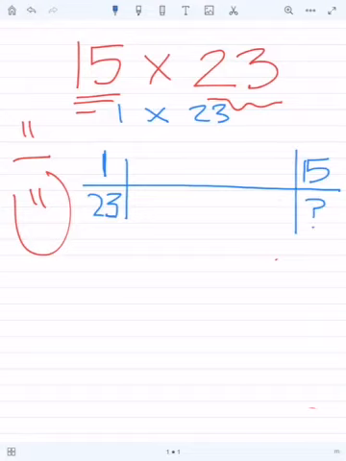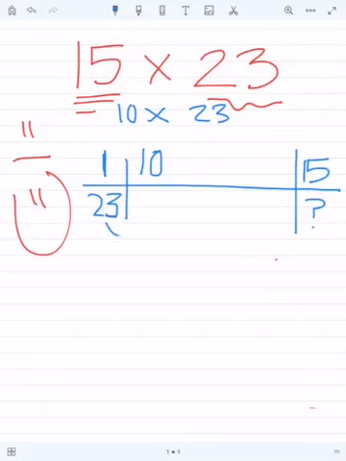Okay? So I'm trying to somehow get to 15 in a way that makes sense in my brain. So a nice number to jump to, like almost every time, is 10. So then I'm like, okay, well, what if I had 10 groups of 23? After 10 weeks, what would I have?